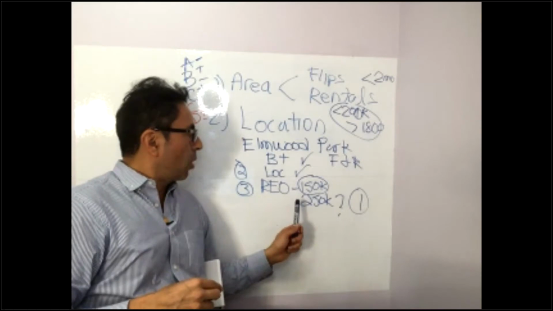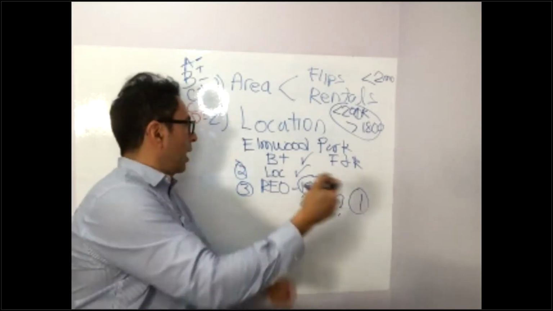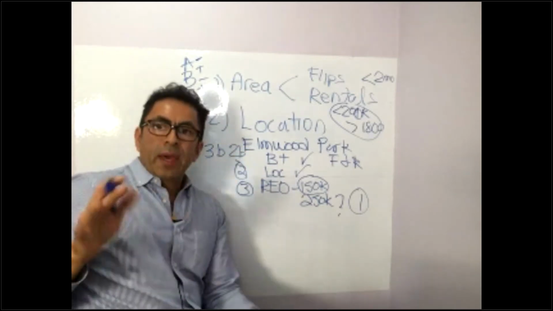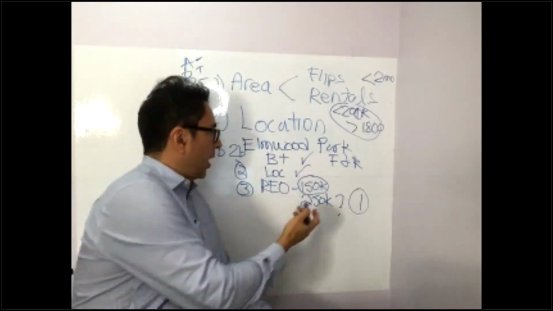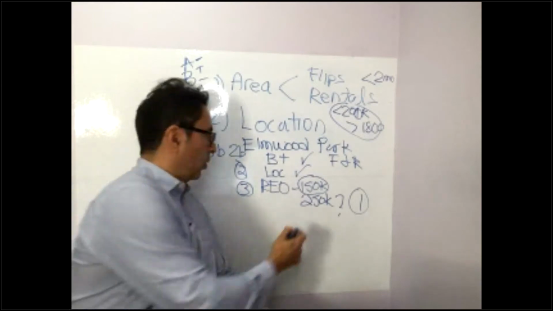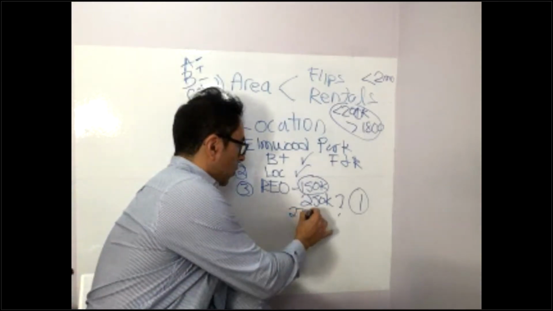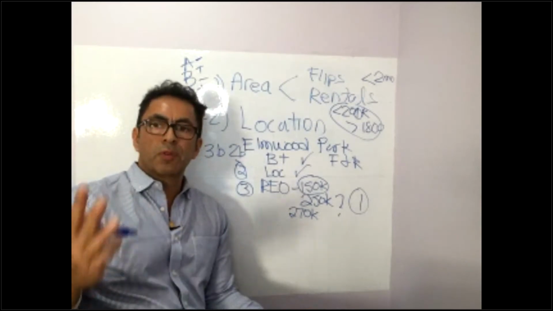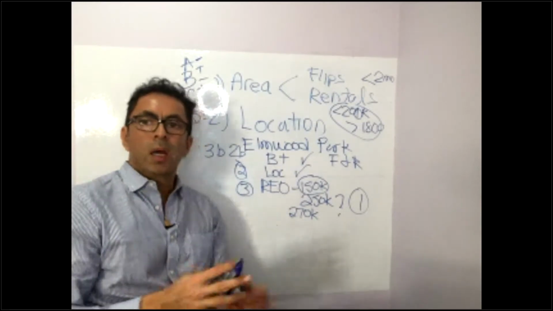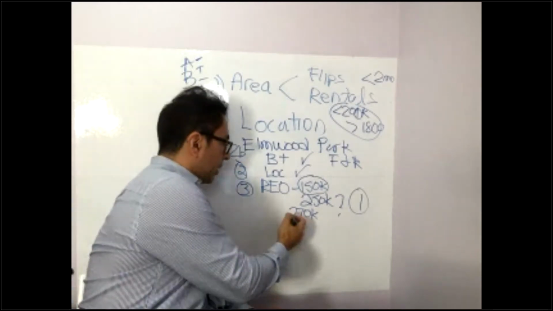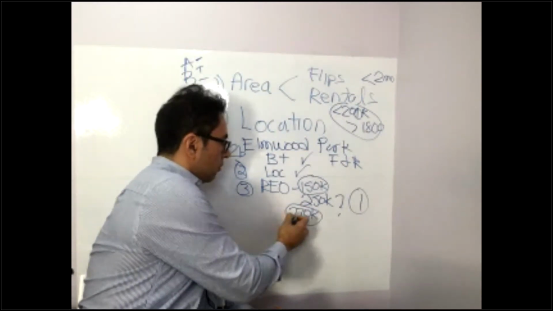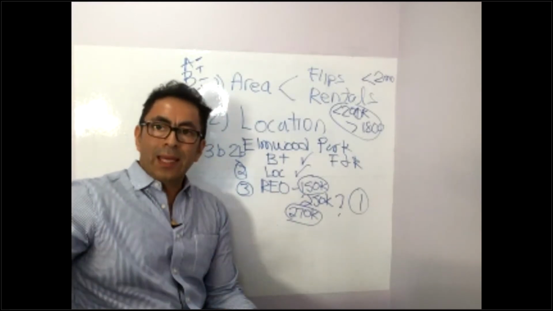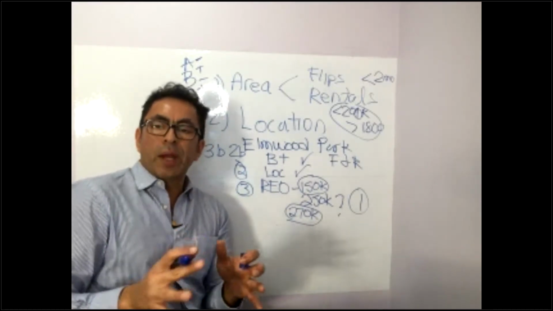So all the properties that are 3-bedroom, and this happens to be a 3-bedroom, 2-bath, range in the price range of 270, okay? It took me seconds in DealVault to pull comps for a 3-bedroom, 2-bath in Elmwood Park, and sure enough, most of the properties sold for about 270 to 290, depending on the rehab, but they were already rehabbed, okay?